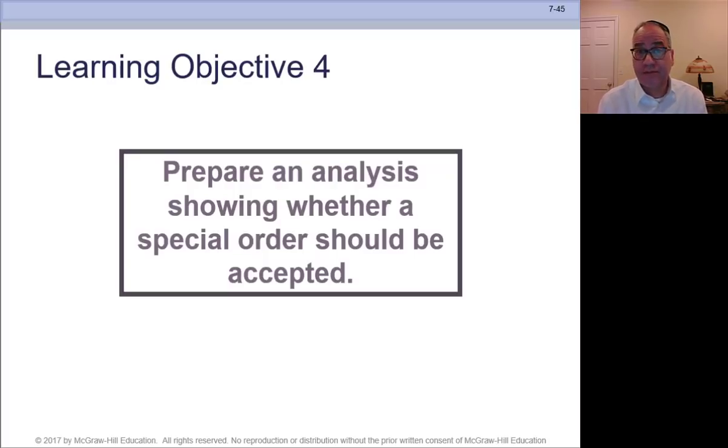It's something extra. So what you want to do is isolate the costs of creating this special order and selling it to this particular customer. Your normal costs aren't really going to change. It's just going to be the additional costs of this special order.